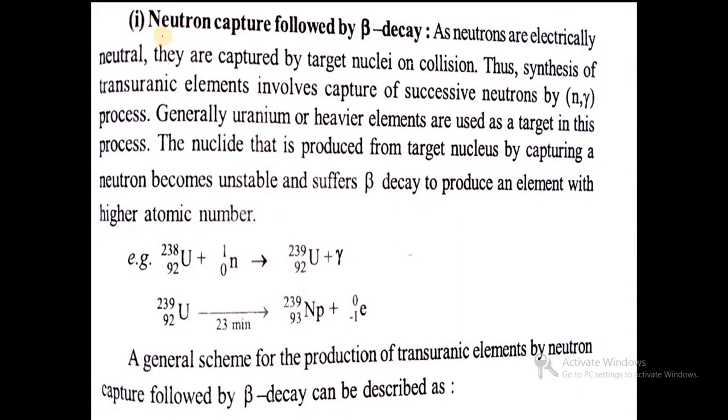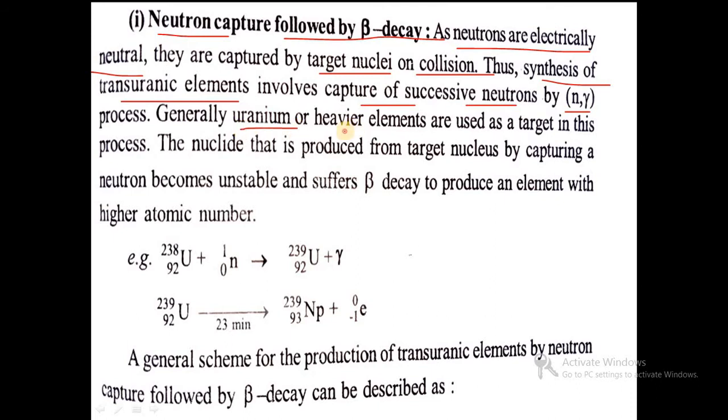The first method for the preparation of transuranic elements is neutron capture followed by beta decay. As neutrons are electrically neutral, there is no charge on neutrons. They are captured by target nuclei on collision. The synthesis of transuranic elements involves capture of successive neutrons by the n-gamma process.